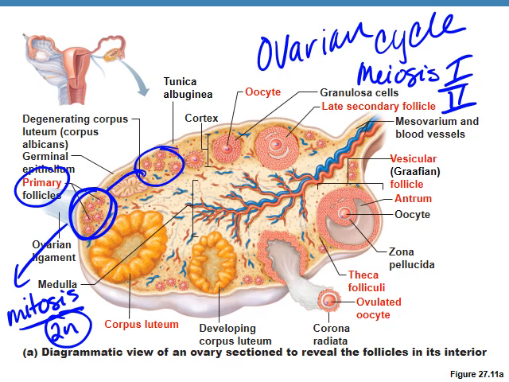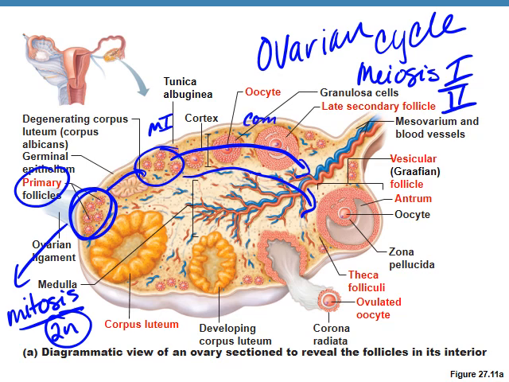So what happens when those primary follicles start growing up? So remember that this is arrested in meiosis I. What's the difference between a primary oocyte and a secondary oocyte? So when we go from here to here, what's happened?